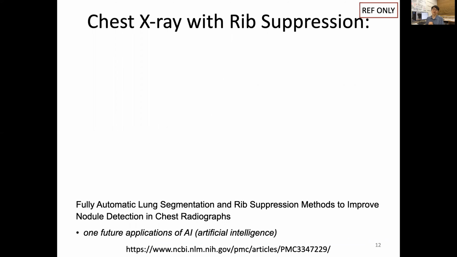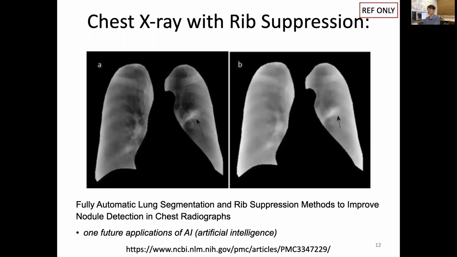Nowadays, what's cool about X-ray is, for example, chest X-ray with rib suppression. Because of the presence of the rib, we may easily miss some important lesions inside the lung. This is just an example of a recent research: this is the original, you can see the rib, and one can do rib suppression, and these lesions may show up better.